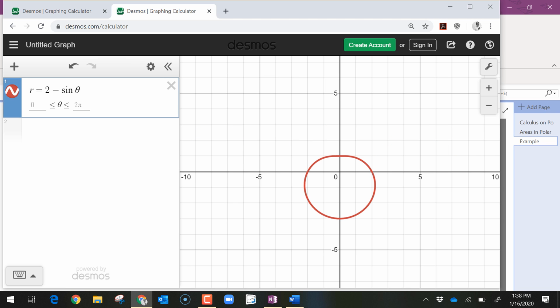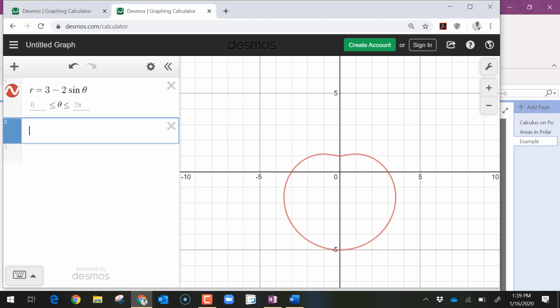Was not quite a cardioid. It is still considered a cardioid, except that little cusp doesn't go all the way down to 0, right? Doesn't go all the way down to 0. And let's see. Should I make this 1? Let's get this a little bit bigger. Circle radius 4.